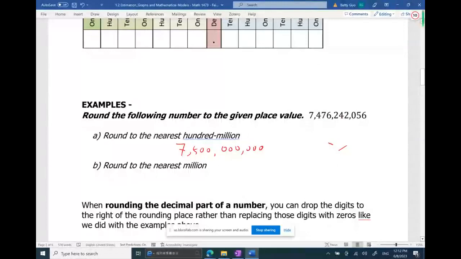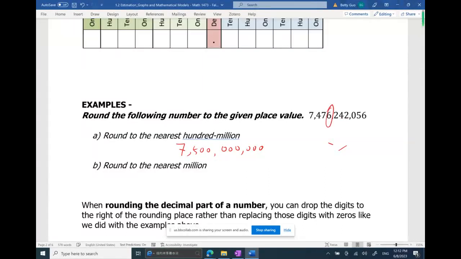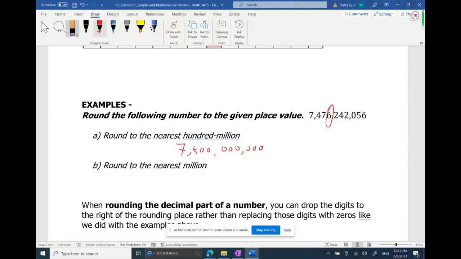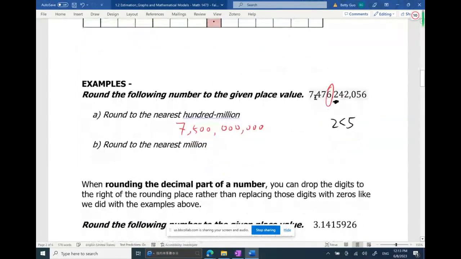Part B, we are going to round the number to the nearest million. Nearest million, the digit is 6, right here. And again, we are looking at the digit right behind 6. So that is 2. Since this 2 is less than 5, we need to round this number down. Means we are going to get rid of the 242,056, changing them to zeros.